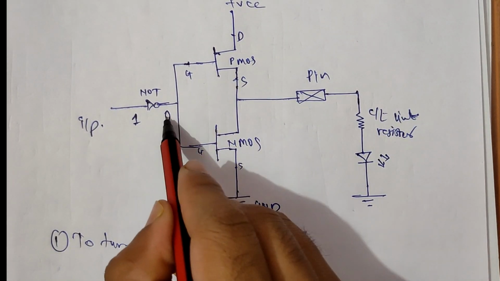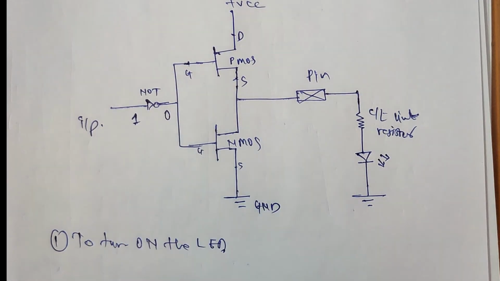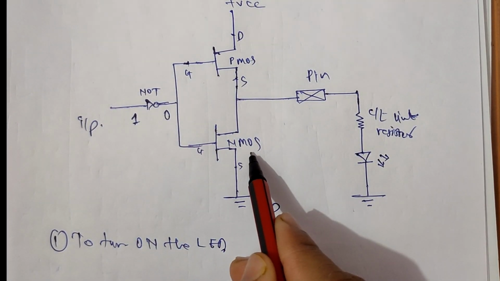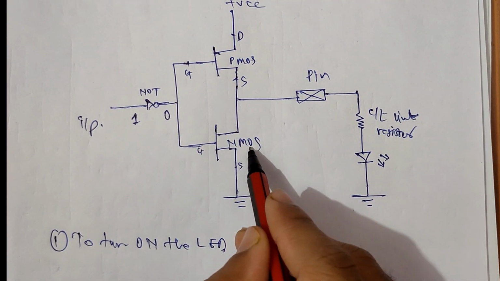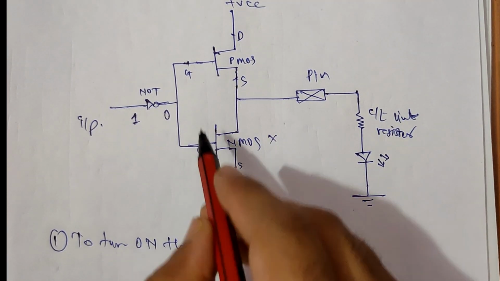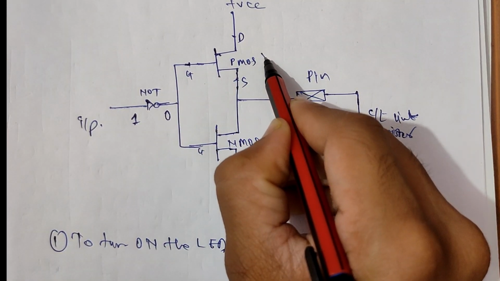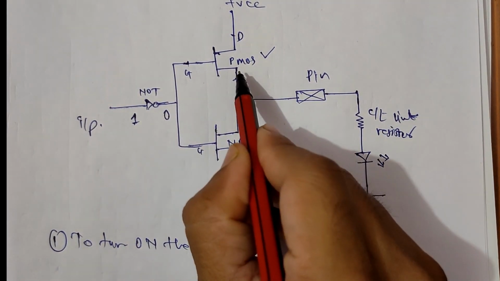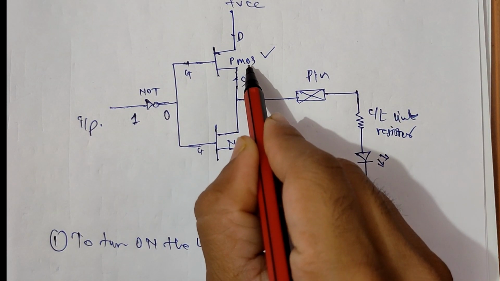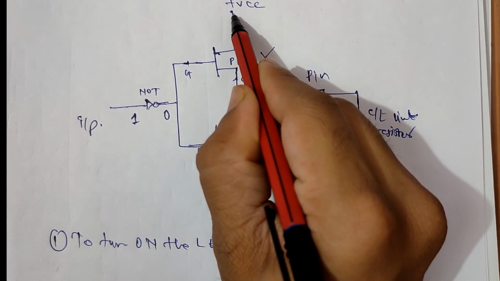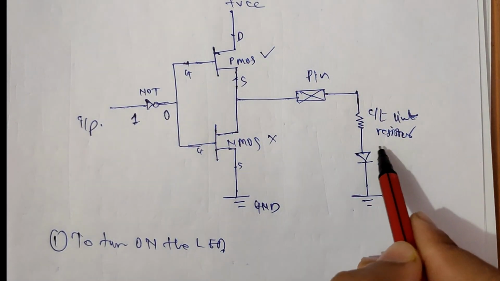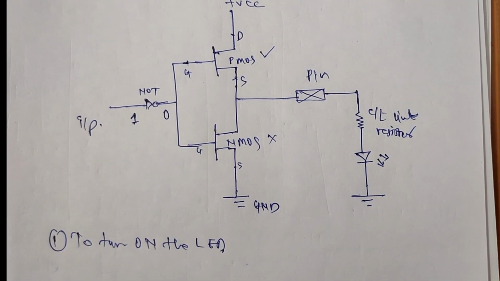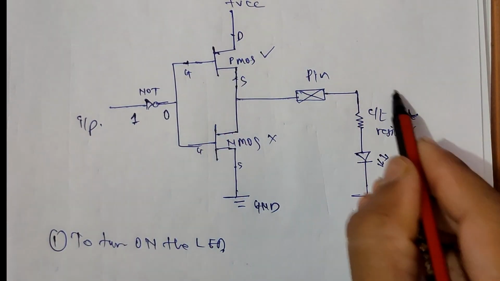This 0 is applied across the P MOSFET and N MOSFET, due to which the N MOSFET gets deactivated and the P MOSFET gets activated, or turned on. As this P MOSFET turns on, it is connected to VCC. So this LED gets pulled up to VCC through the P MOSFET. This is the way.